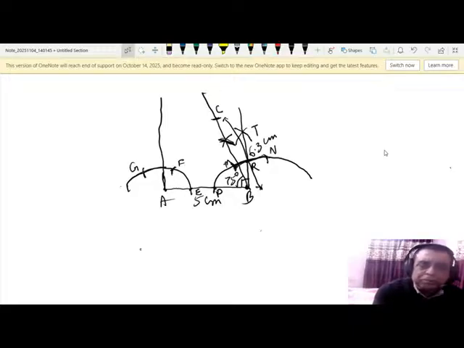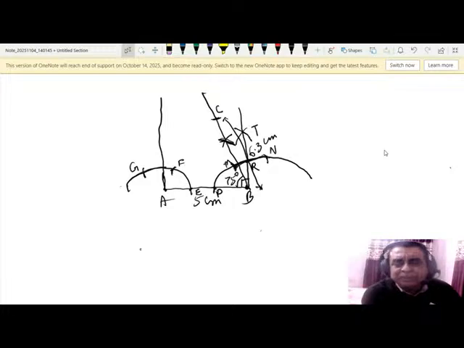Now we will bisect the gap between F and G. Put the compass needle at F and, taking a radius more than half of FG, cut one arc. And now put the compass needle at G with the same radius and cut this arc. Where these two arcs cut, join that point with A.